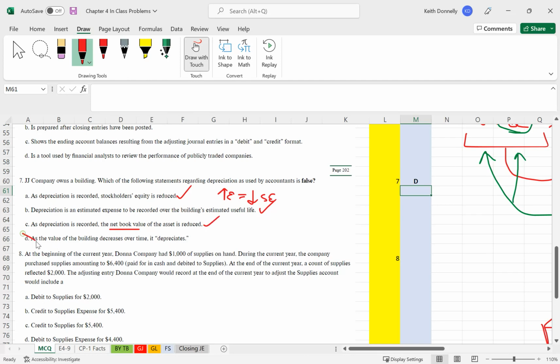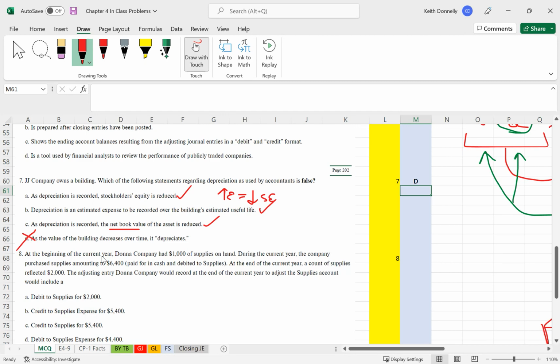That's true. That guy's false. That's like how they mean depreciation in everyday language. In accounting, we have a very special meaning for it. Like I said, it's a cost recovery mechanism. You recover your cost, the $100 or $100,000, over the useful life of the asset. $10 a year, $10 a year, $10 a year.